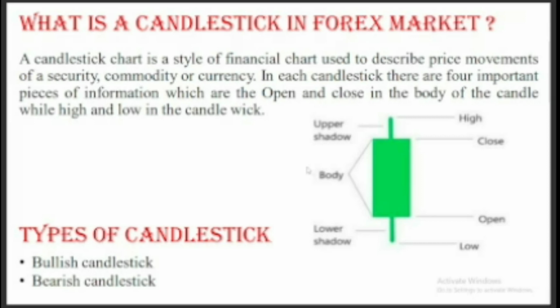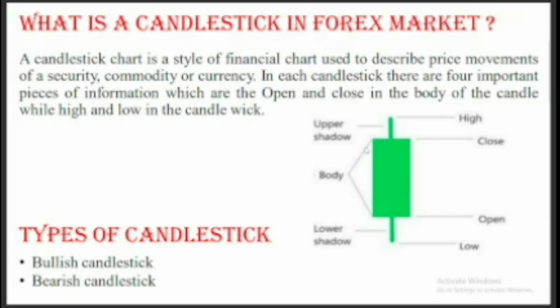In each candlestick, there are 4 important pieces of information, which are the open and close of the candlestick, which lie in the body of the candle, while the high and low are in the candle wick.